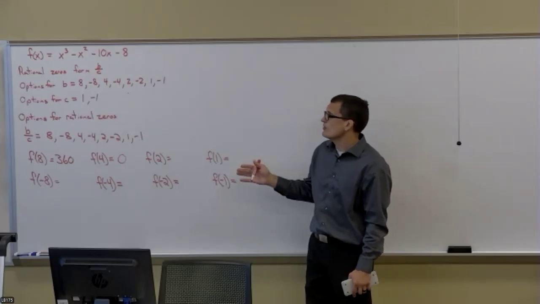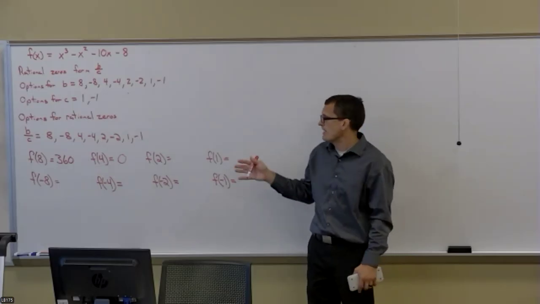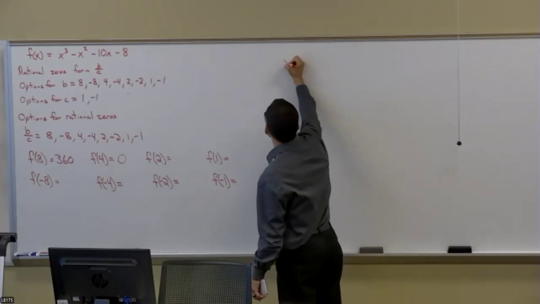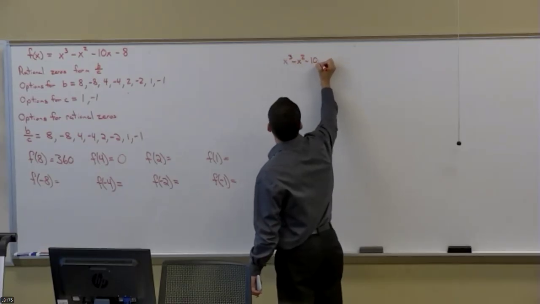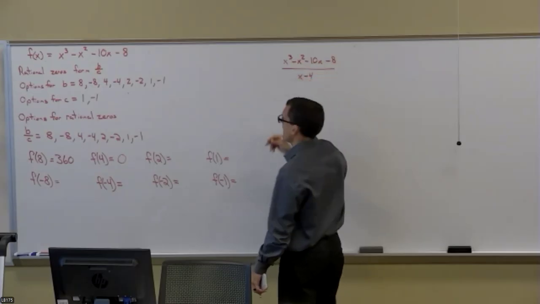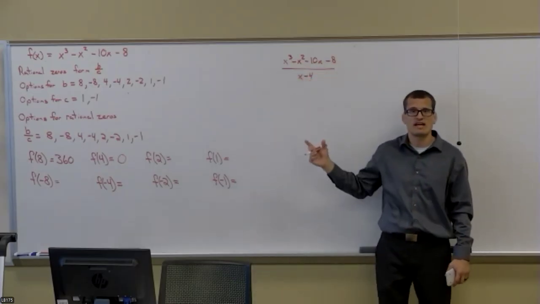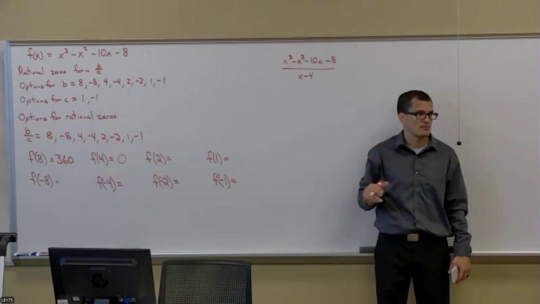Now, if you wanted to, you could stop right here. You could say, I know 4 is a 0 of the function, and therefore, x minus 4 is a factor, and then I could go through the exact same process I did in all those previous problems. Okay? Does that make sense?